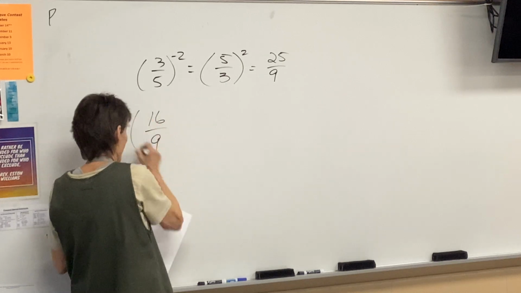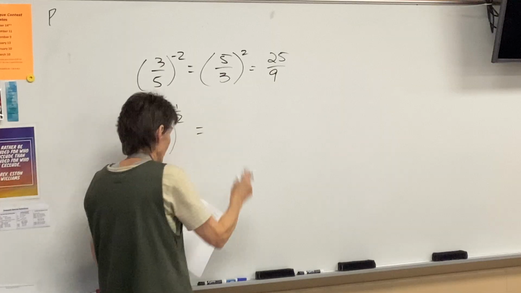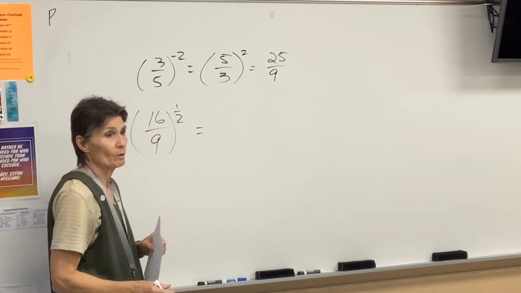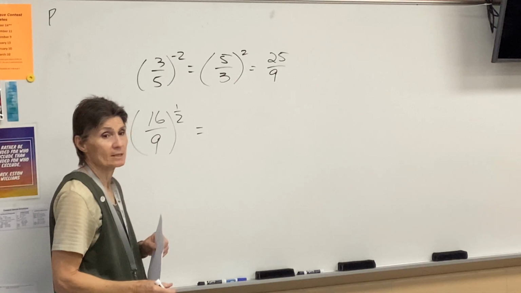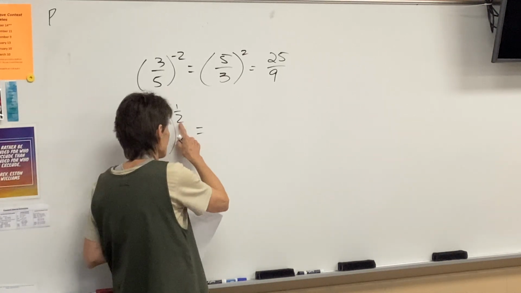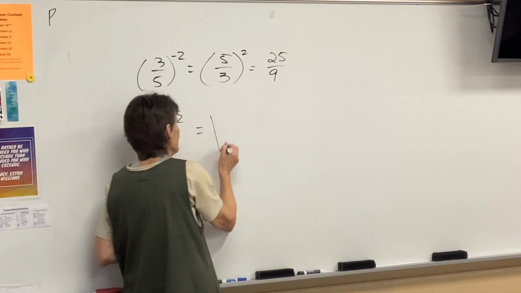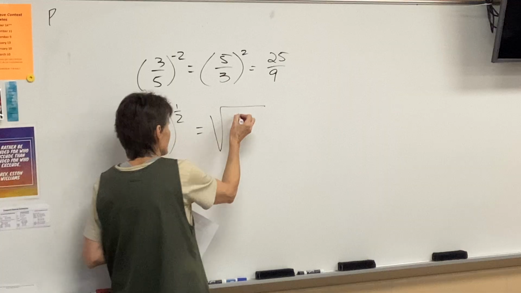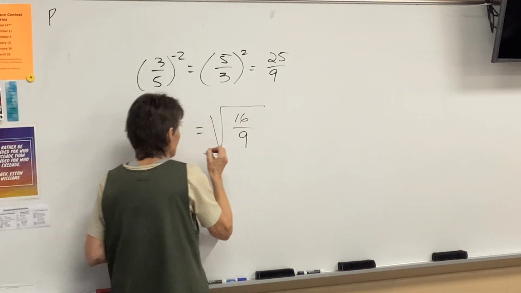The next one is a fractional exponent, not a negative, a fraction. What do we remember about fractional exponents? Radicals. When you see a fraction and an exponent, you're immediately going to do this. And underneath is going to go 16/9.